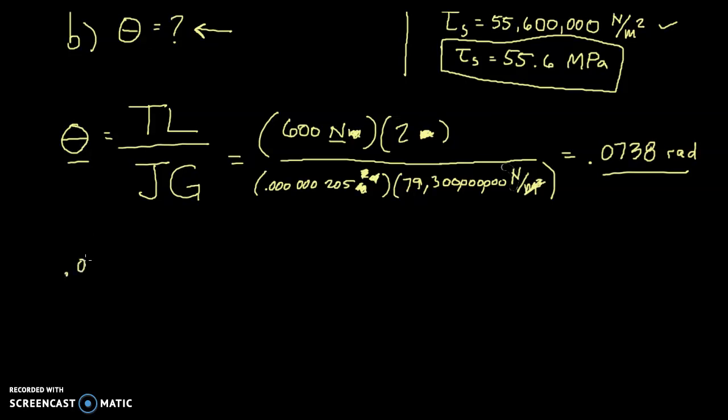So if I've got 0.0738 radians, I want to convert that. My conversion factor would be, for every pi radians, there are 180 degrees.